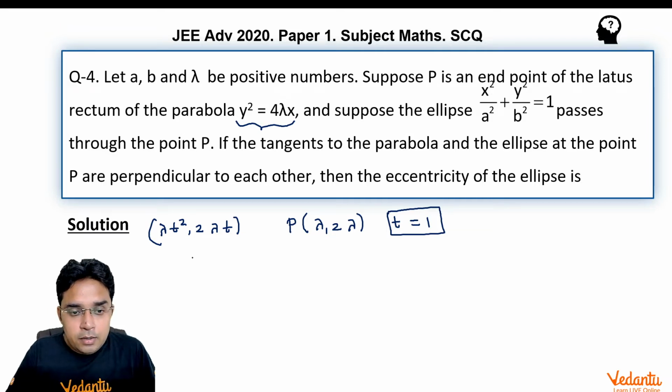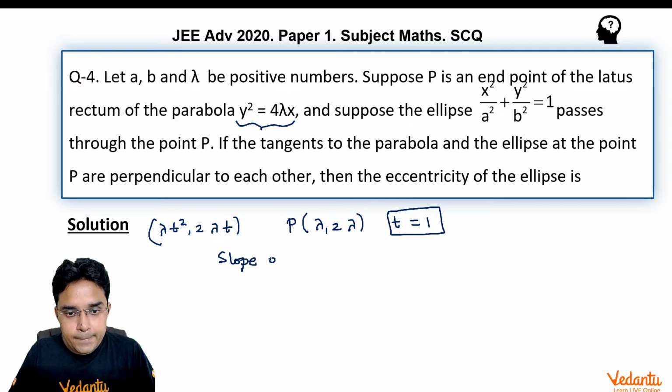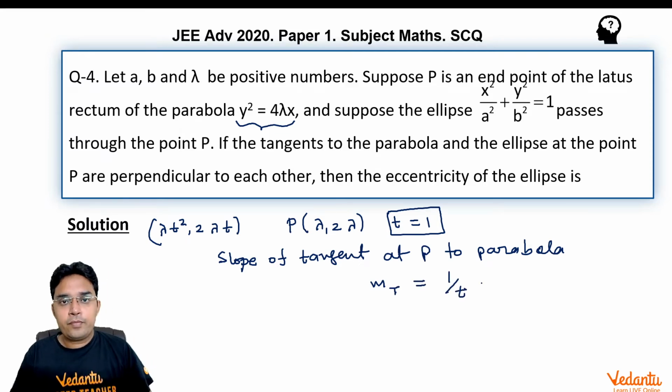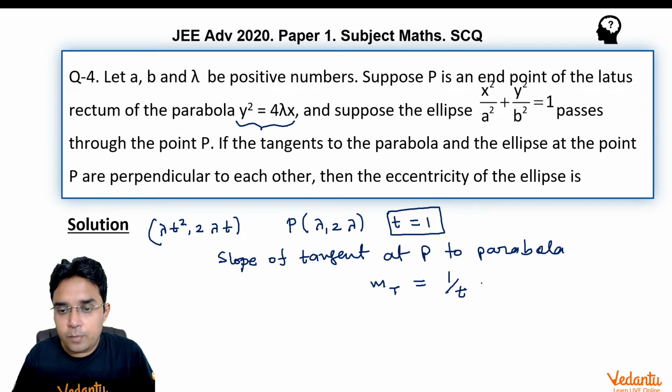Now, first let me write the slope of tangent at P point to the parabola, and that is one very standard result which we remember as 1 upon t. At t point, slope of tangent is 1 upon t, so here it would be 1 only.